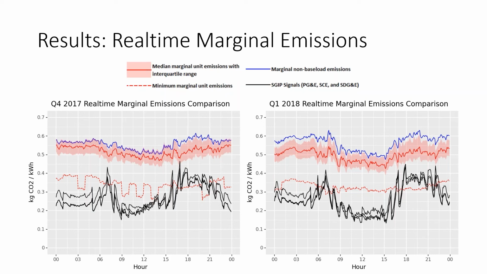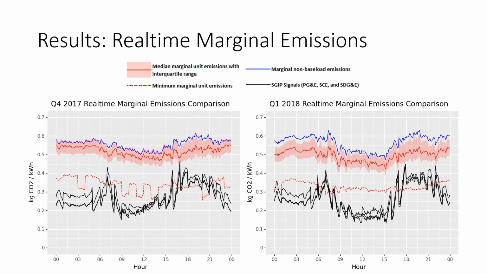First is that there's a magnitude of difference between the SGIP signal and the data provided or estimated from CAISO, and that the CAISO data suggests that the marginal emissions rate is maybe somewhere around twice as high as what they're currently predicting. The second thing is that, based on the minimum from the CAISO data, the SGIP signal actually falls outside the range of possible values a lot of the time.